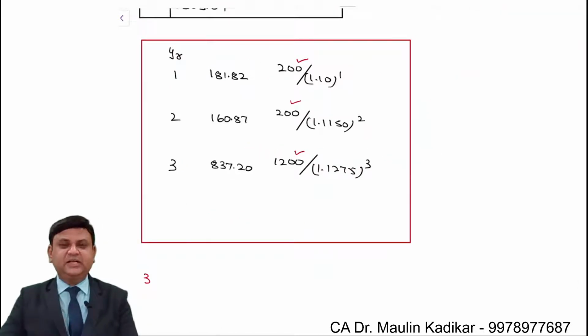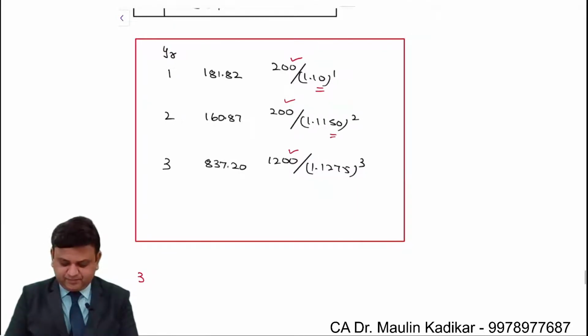Now friends, we can see that this question is exactly the same as what we did a question earlier, in which we had used the spot rates. And using the spot rates, the present values were 181, 160 and 837.2.